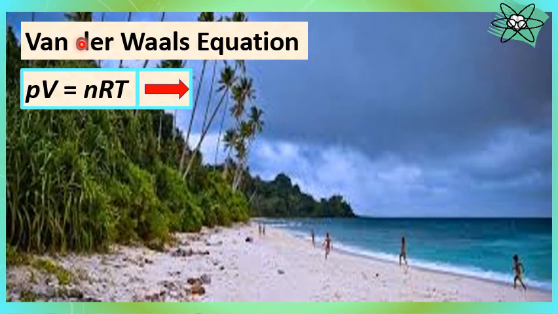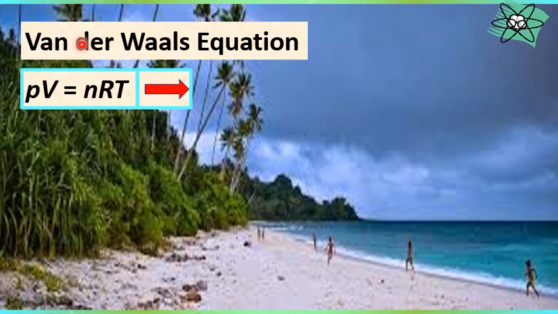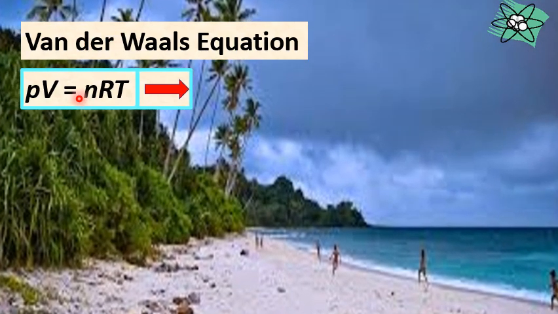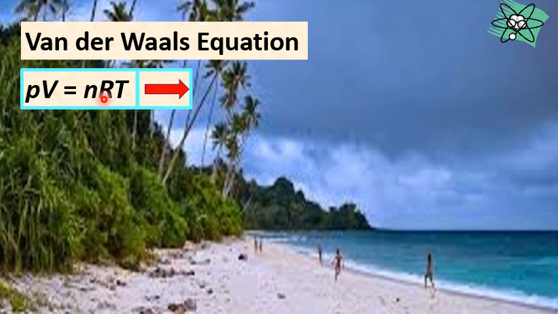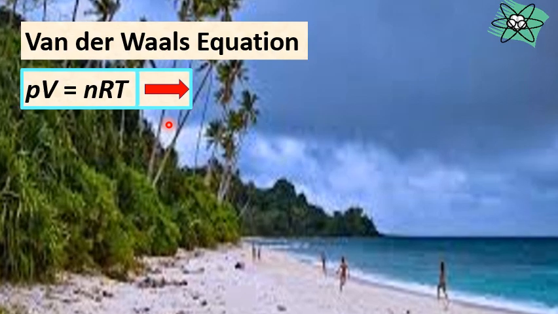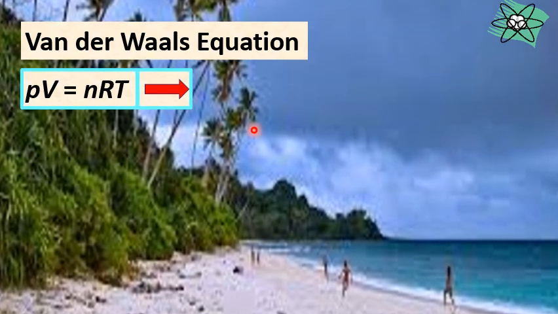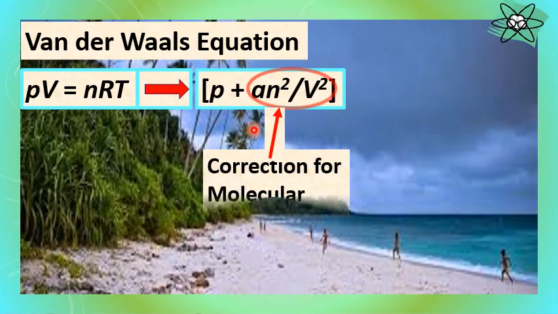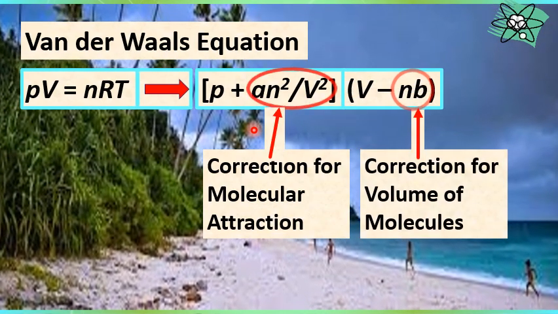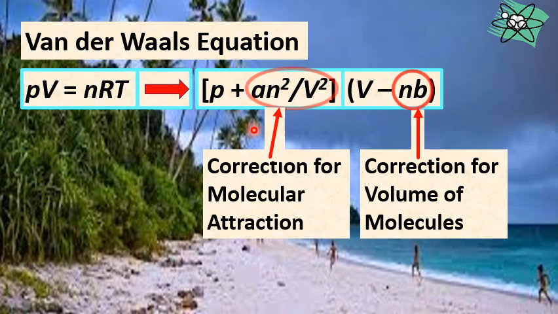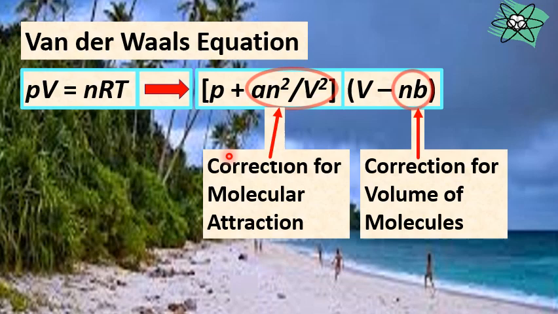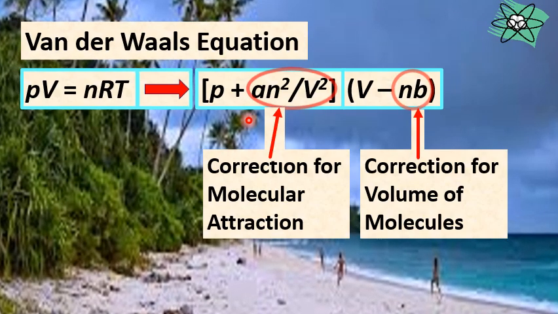All right, the original ideal gas law equation, PV equals nRT, is modified into this form. So two terms are added.